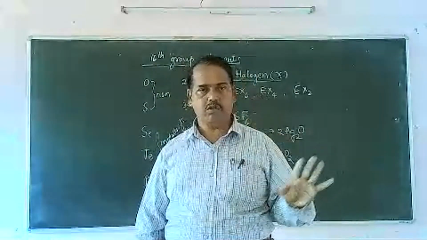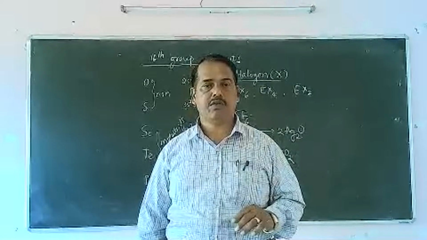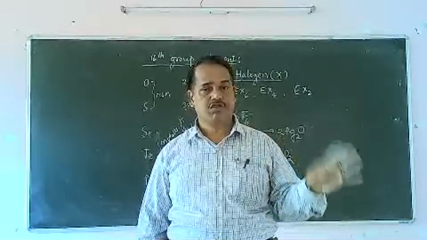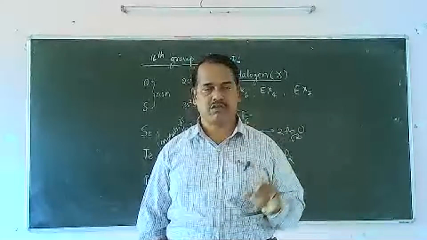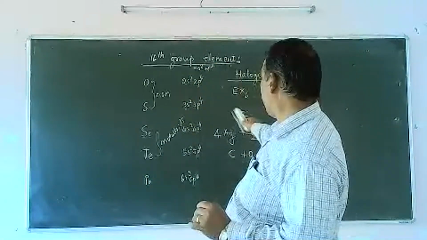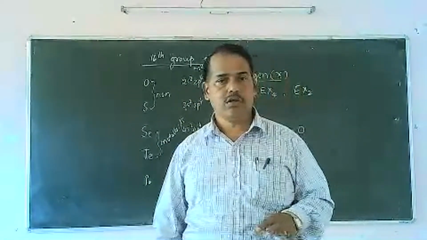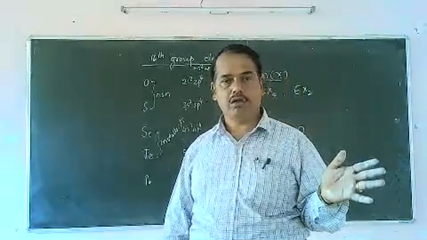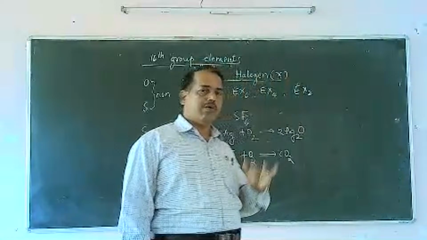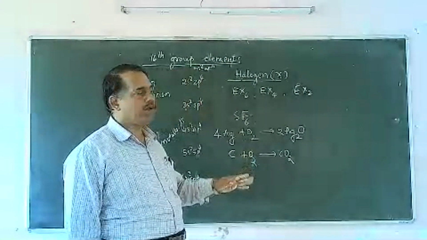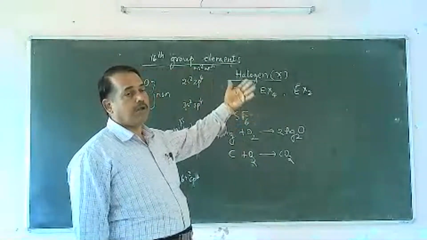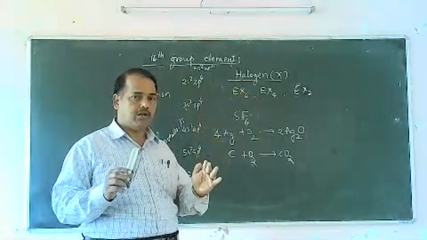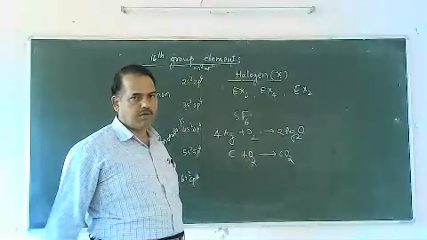What you have to remember: the reaction with hydrogen, you have to compare those hydrides, and reaction with oxygen, again you have to compare the oxides. Immediately you will get acidic oxide. And then the reaction with halogens, they form generally the hexa and tetra compounds. Are you clear? As oxygen's covalency is only 4, it cannot form 5 or 6 because d orbitals are not there, so its covalency is only 4.